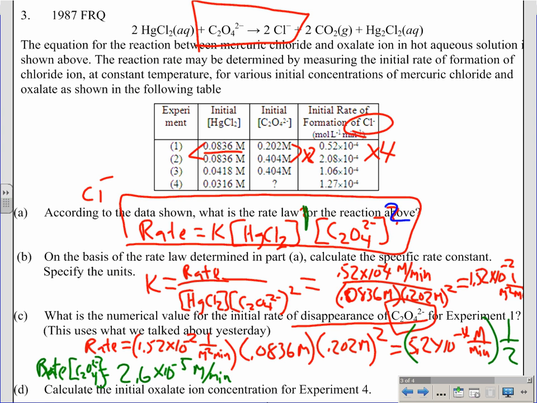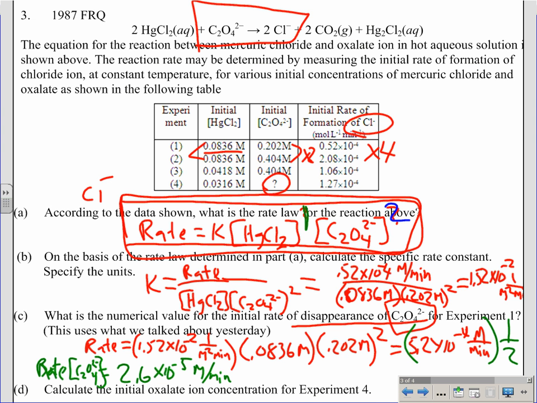Now the last one here, calculate the initial oxalate ion concentration for experiment 4. When I go to do this, notice it's asking about oxalate. So I basically have the same exact issue. Okay, let's calculate the initial oxalate ion concentration in experiment 4. Oh, experiment 4 was missing a number. So they're saying in experiment 4, what really should that be? Now remember, experiment 4, like all the rest of them, follows my general rate law expression that I established back here.